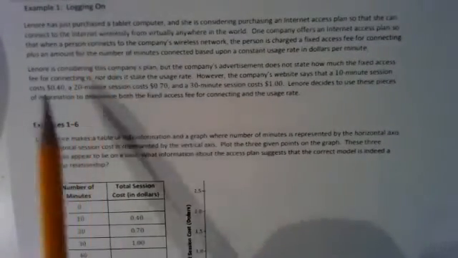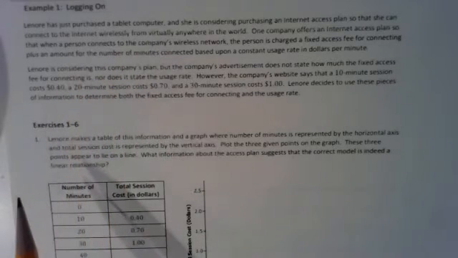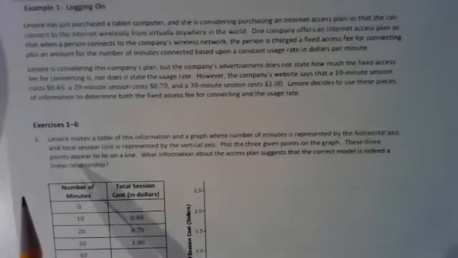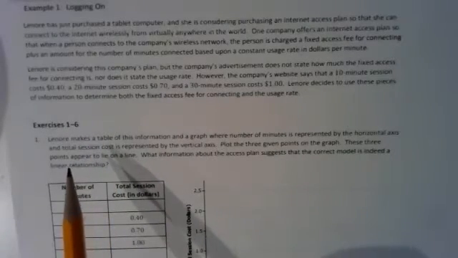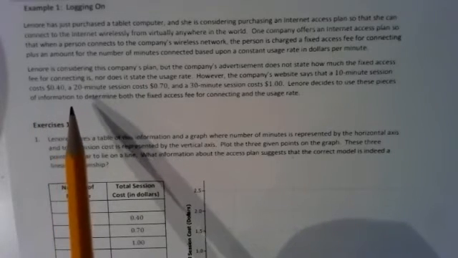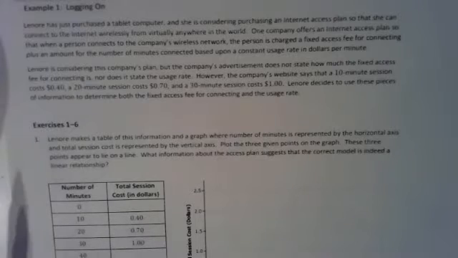So, logging on. Lenore has just purchased a tablet computer and she is considering purchasing an internet access plan so that she can connect to the internet wirelessly from virtually anywhere in the world. One company offers an internet access plan where, when a person connects to the company's wireless network, the person is charged a fixed access fee for connecting, plus an amount for the number of minutes connected based on a constant rate in dollars per minute.